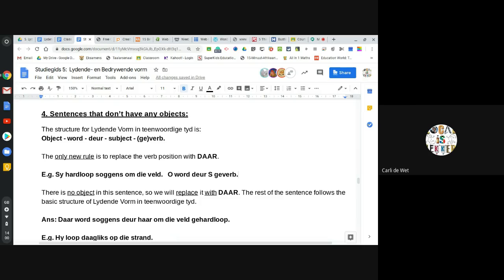Time and manner is in die derde posisie. En place is going to be after subject. Okay. So, sy hardloop soggens om die veld. So, sy is what? My subject, because it's in the front of the sentence. Hardloop is going to be my verb. Soggens is in the morning. Wat is soggens?